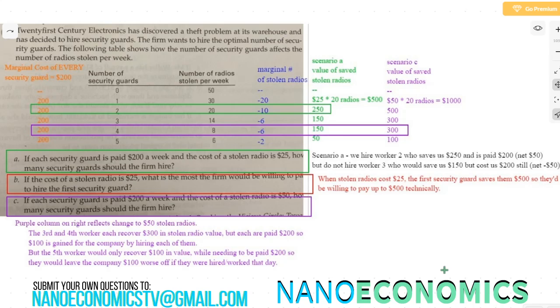We might look at it like, we would be willing to offer an inspector, or here, a security guard, $499 if we knew with certainty that they would recover $500 worth of stolen radios.